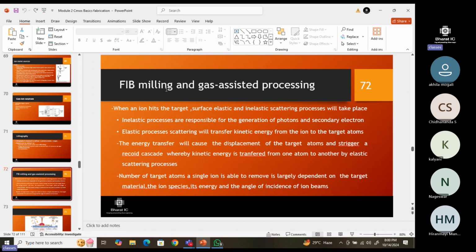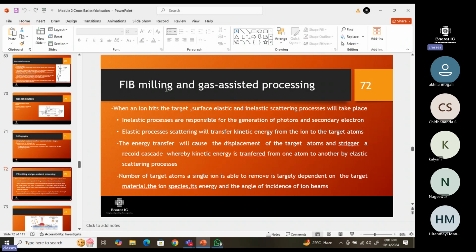Elastic scattering will transfer kinetic energy from the ion to the target atoms.